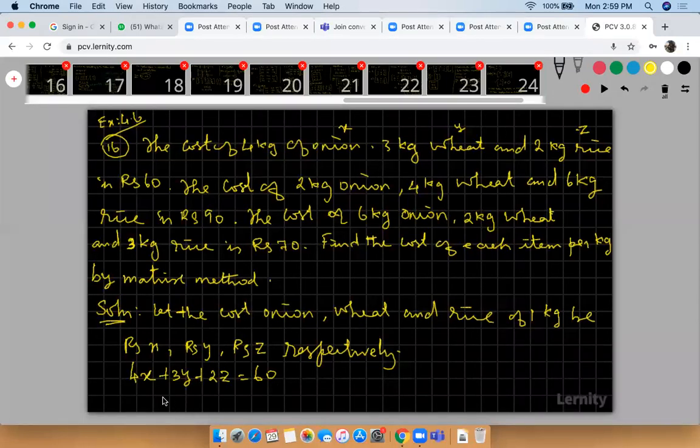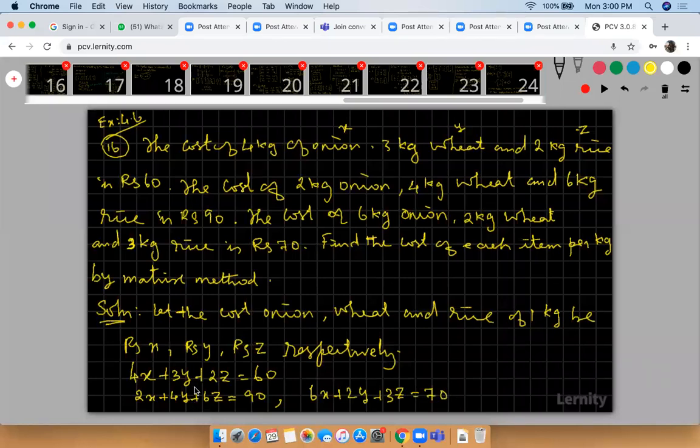Similarly, what is my second equation? The cost of 2 kilogram onion, so 2x plus 4 kilogram of wheat plus 6 kilogram of rice equal to 90. The third equation is the cost of 6 kilogram of onion plus 2 kilogram of wheat plus 3 kilogram of rice is equal to 70.